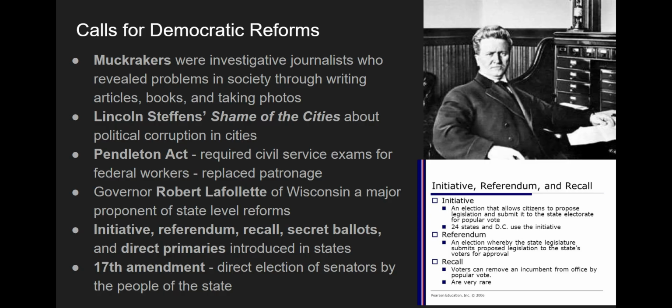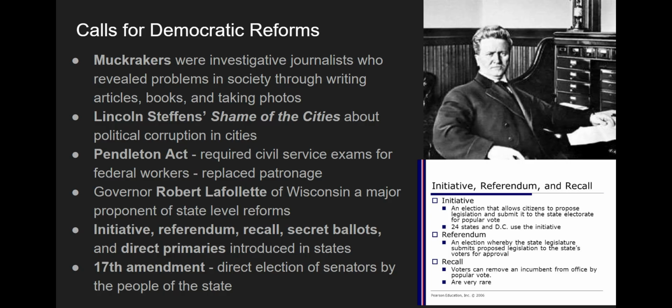One of the most famous progressives of the era, one of the most famous leaders in a state government, was actually the governor of Wisconsin, Robert La Follette. He is pictured over here, and really advocated for reforms. He eventually ran for president under the Progressive Party later in the 20s.